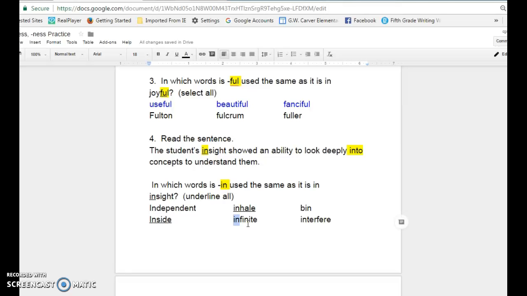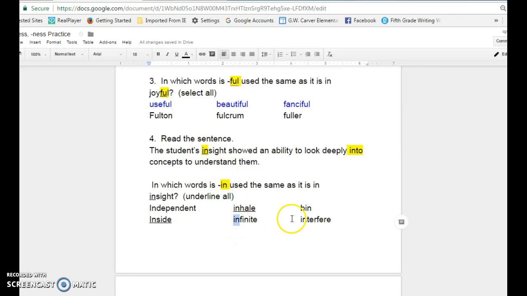Infinite, well, finite, you all might know this, might not know this, but finite is related to the word finish. If something is finite, it has an end, okay? It finishes. So if something is infinite, like time, it means it does not end. So that is not being used the same. It doesn't mean into end.